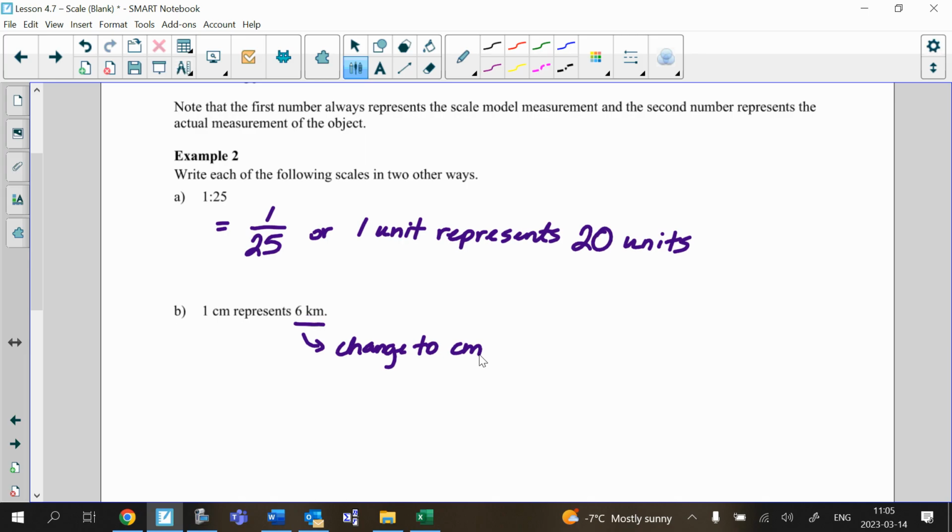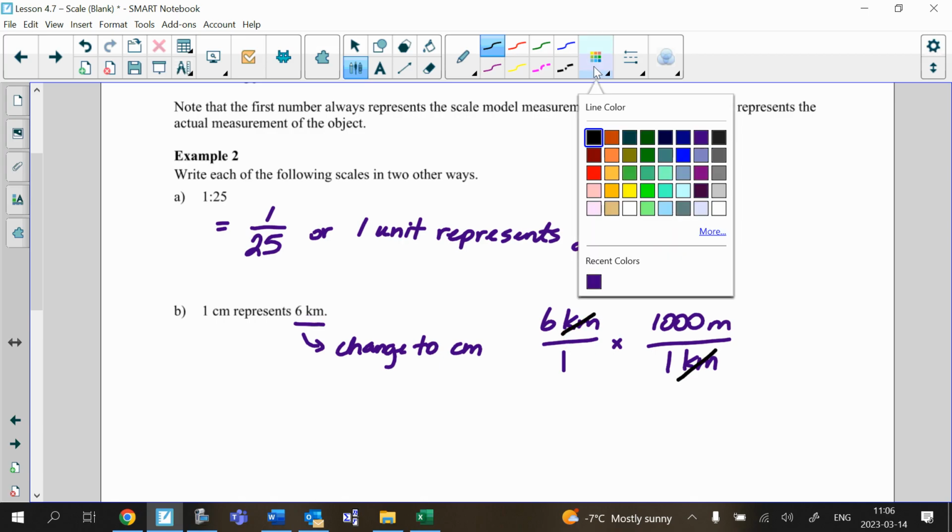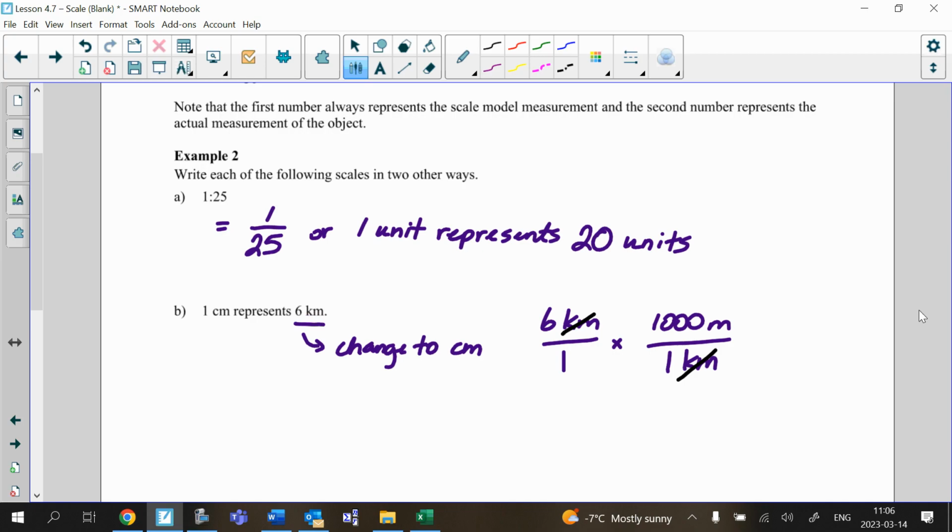6 kilometers over 1 times, well, I can't go directly to centimeters, but I can go to meters. 1,000 meters over 1 kilometer, and I write it like that because I want to cancel the kilometers. So that gives me 6,000 meters, but I'm still not in centimeters yet.